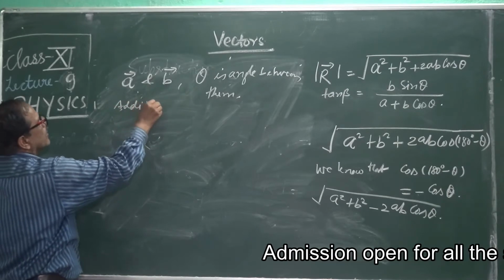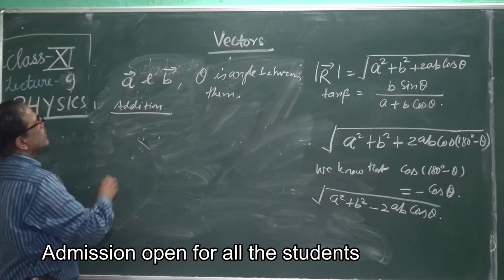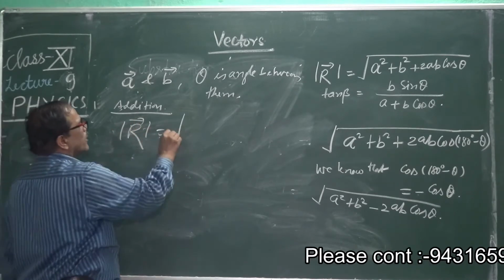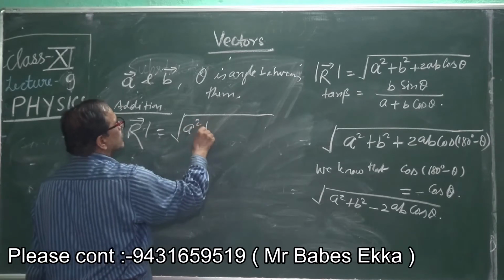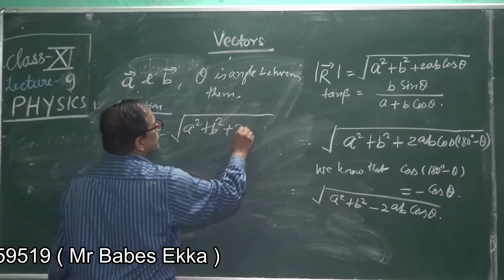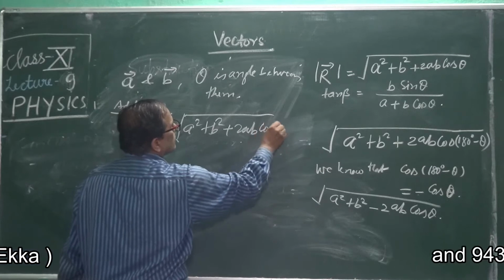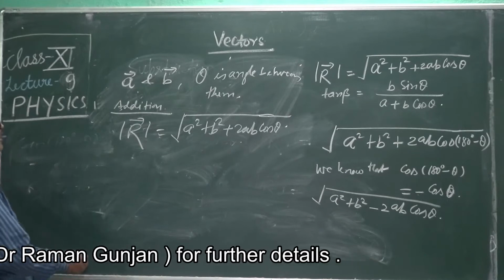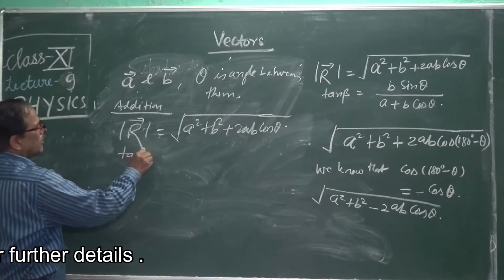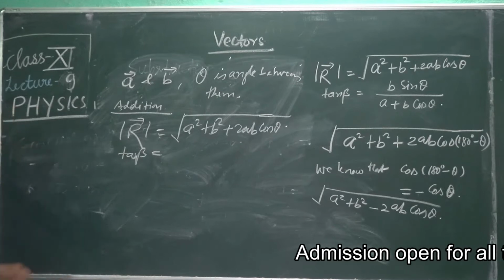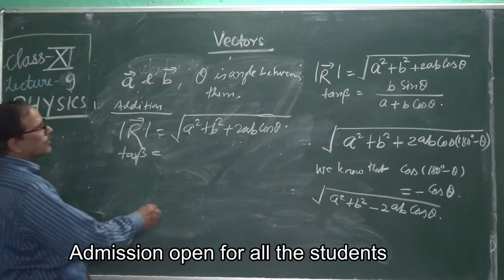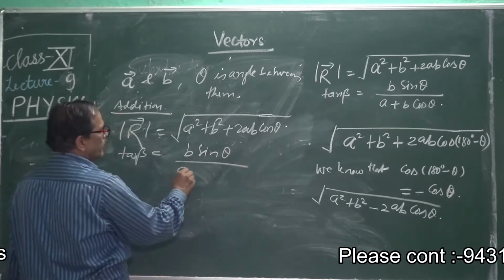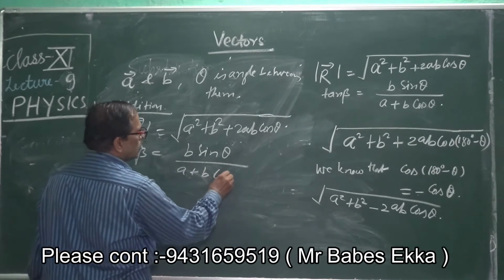In case of addition, resultant is under root A square plus B square plus 2AB cos theta. Okay? And tan beta, meaning the direction of resultant, is B sin theta divided by A plus B cos theta.